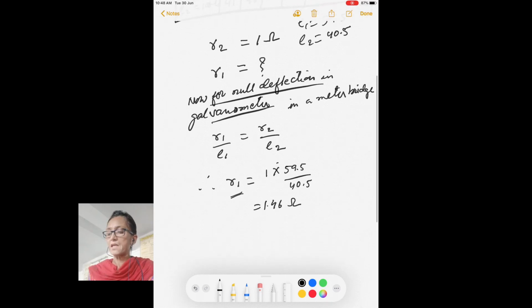So R1 comes equal to 1.46 ohm. We see that using a meter bridge to know the value of one unknown resistance, we need one more known resistance, and we can find the value of the unknown resistance.